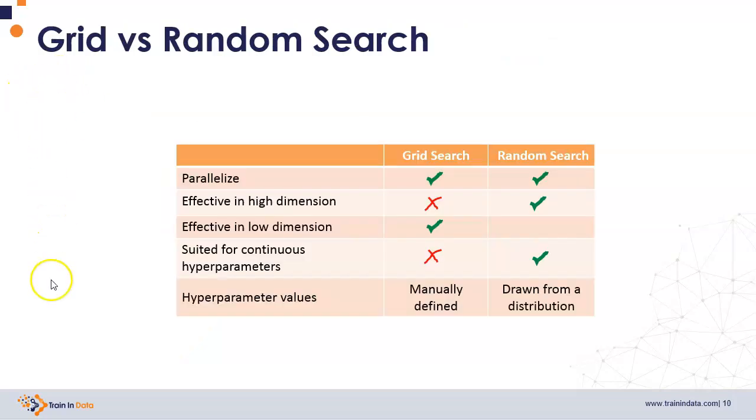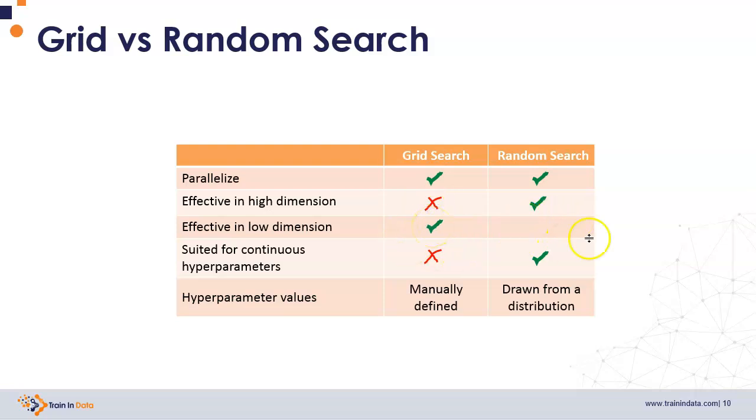Just to wrap up the comparison between grid and random search, we know that both can be parallelized. We know that random search is effective in high-dimensional spaces, whereas grid search is not, it's just too computationally costly. But grid search is effective in low hyperparameter dimensions.